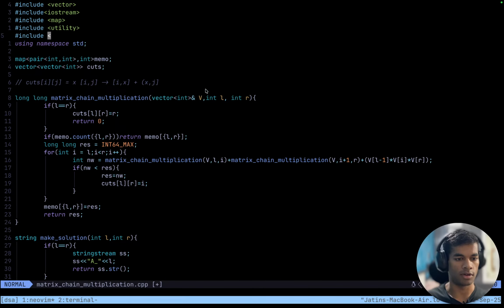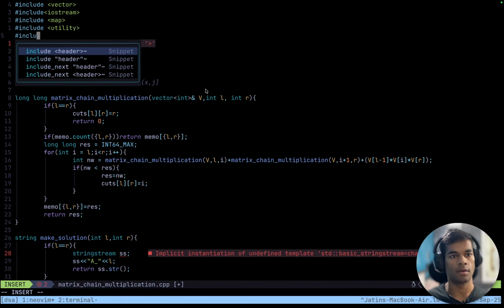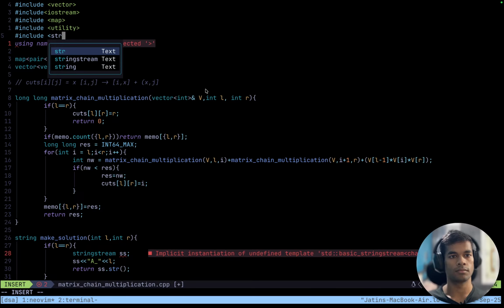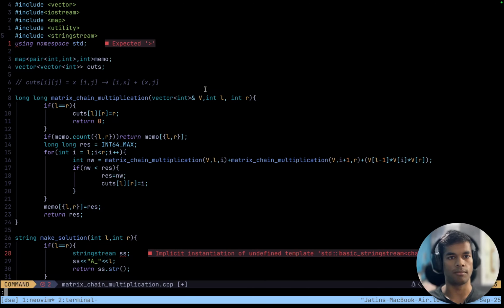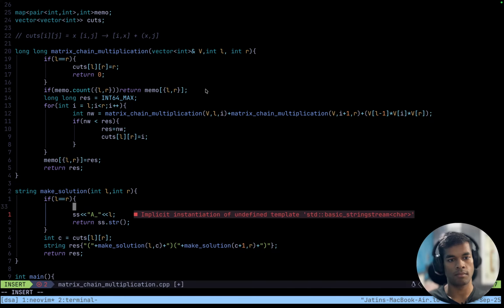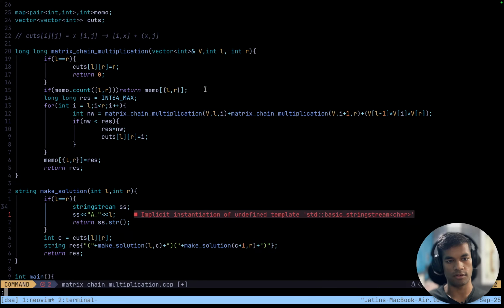Okay, let's restart LSP because I don't know the libraries. Clang D, include string stream. String stream SS.